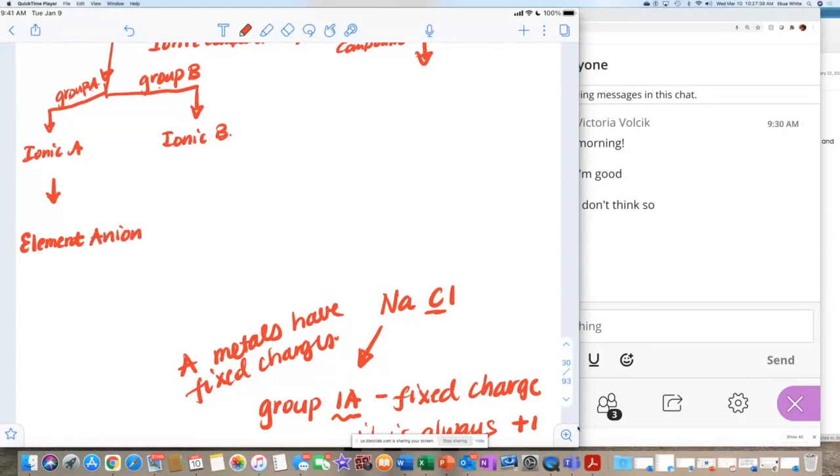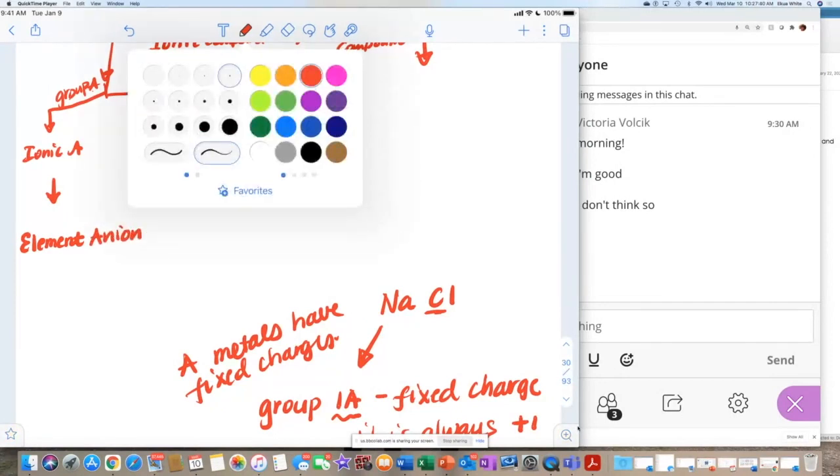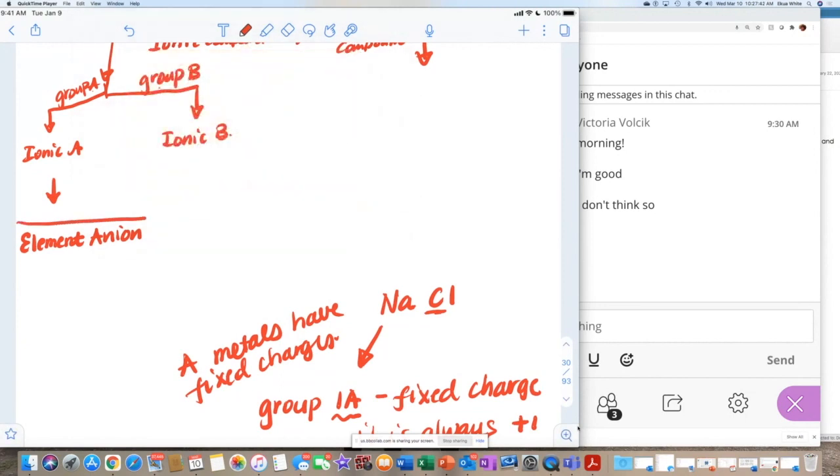So what I'm writing here is a template for nomenclature. If you have an ionic A compound, the ionic A compound will only have two parts to its name. The first element is named as the element, the regular element name, usually the metal, right? The second part of the formula is named as an anion.